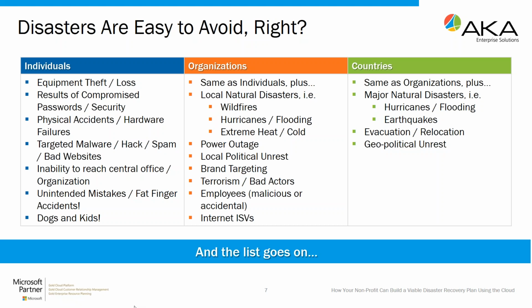Organizations, on the other hand, it's a little bit easier for us to wrap our heads around what disasters are from an organization perspective, especially when we talk about brick and mortar. Being here in the Carolinas, with recent events of the hurricanes and the snowstorms that have happened lately, there's been a lot of focused attention here around how to protect our infrastructure from disaster in the form of natural disasters.